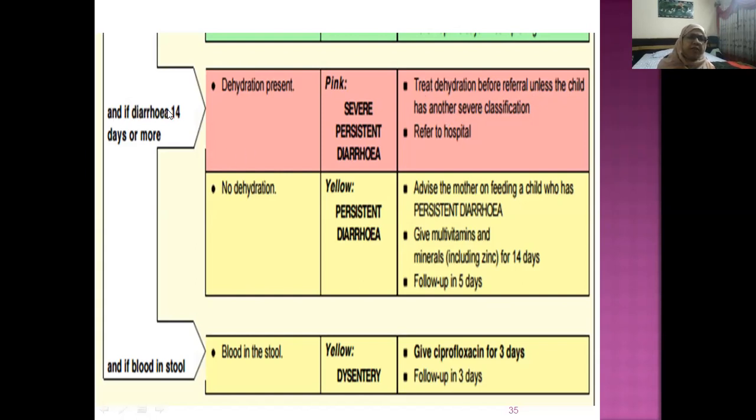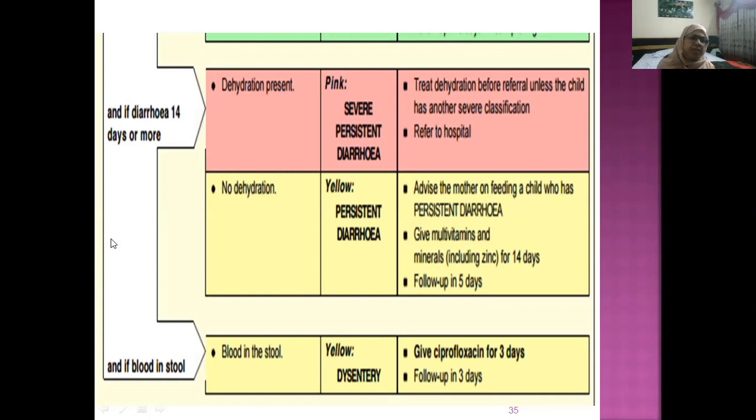If the child has diarrhea for 14 days or more but no dehydration, in yellow zone, this is persistent diarrhea. Advise the mother on feeding a child who has persistent diarrhea. You have to continue feeding, give multivitamins and minerals like zinc for 14 days, and follow up after 5 days.